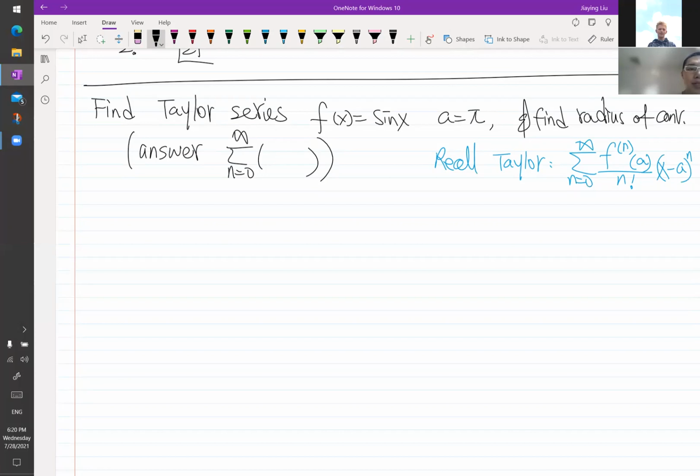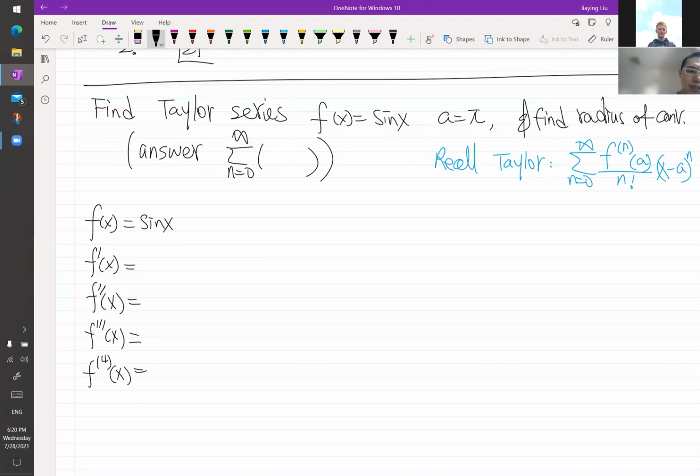We don't need tons of them, but let's begin with the first one. I saw Sam did this, which I think is really good, by making a table. On the left, keep f of x, sine x, then the derivative, then the second derivative, and just write those functions on the side first. Then the third derivative, fourth derivative, just list a few until you see a pattern.